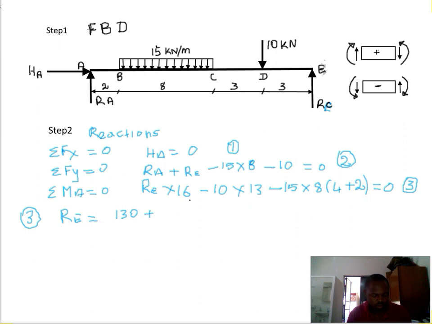I use my calculator quickly. 4 plus 2 is equal to 6, so it gave us 720.